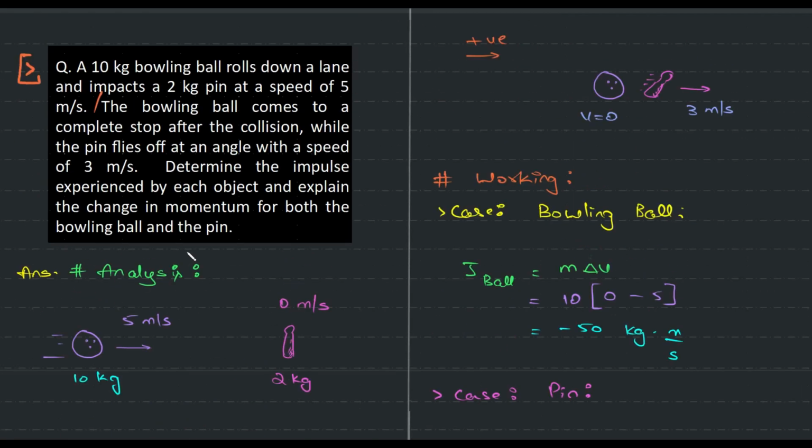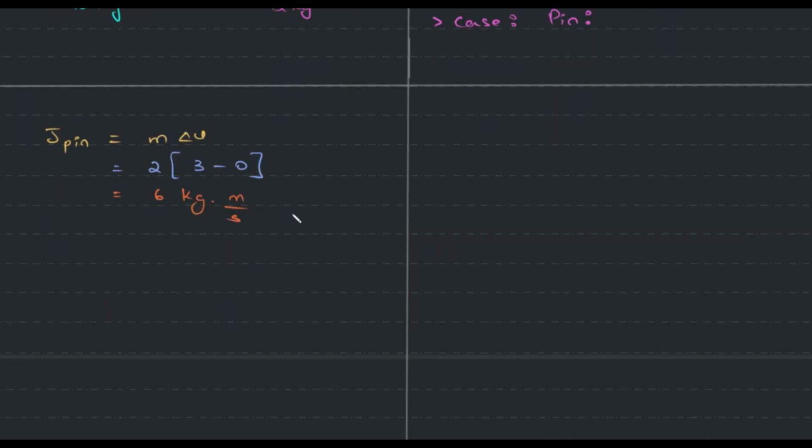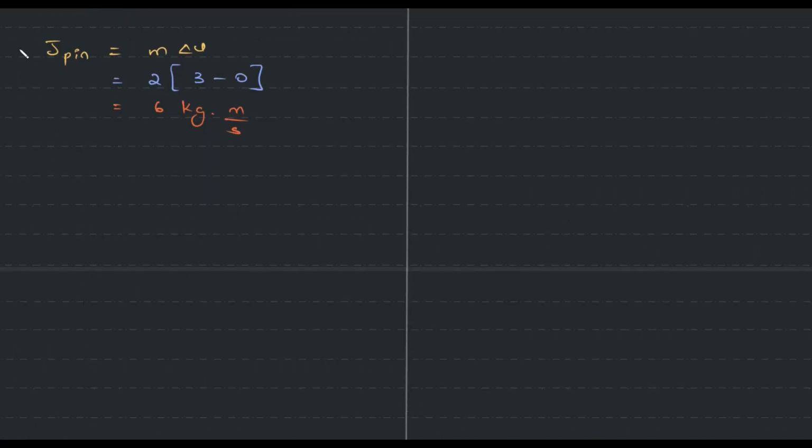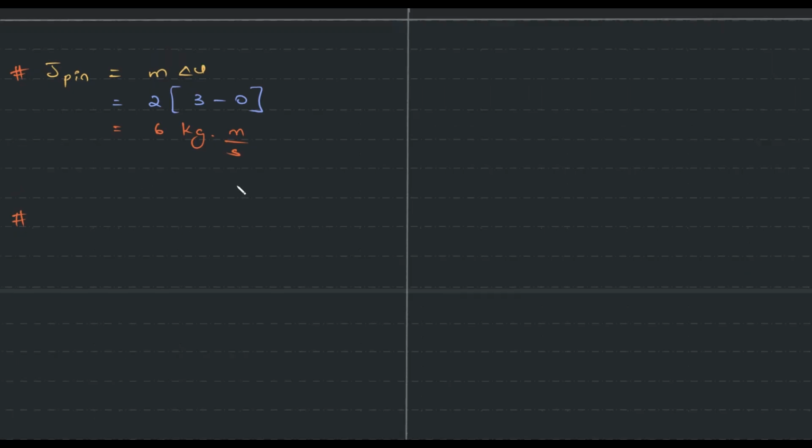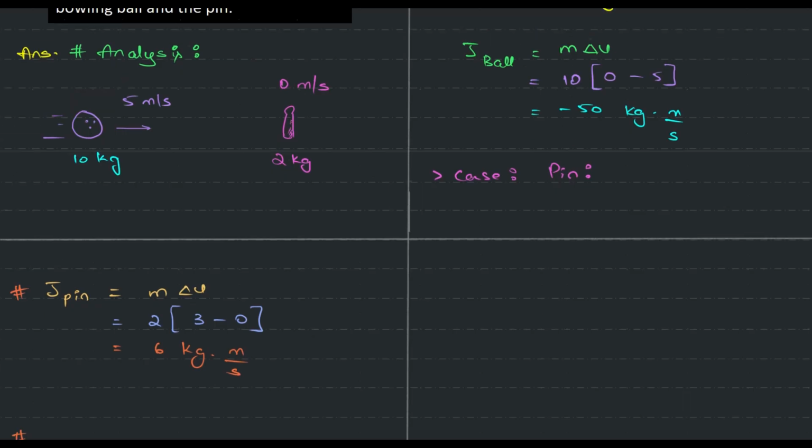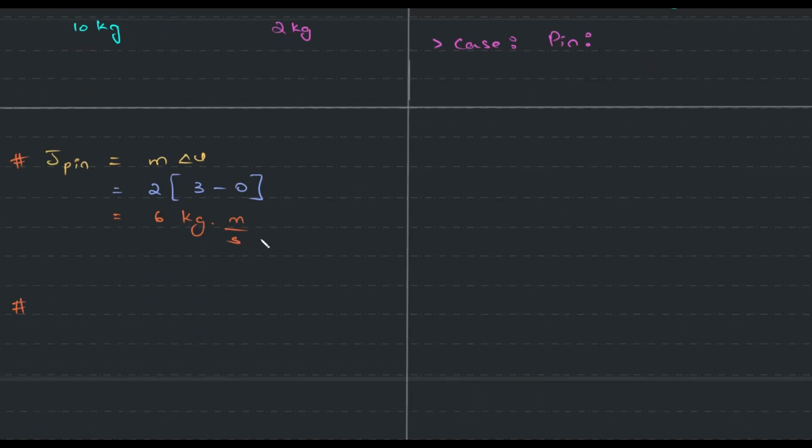So what else are we looking at? Determine the impulse experienced by each and explain the change in momentum for both the bowling ball and the pin. What else can we tell about all of this? The impulse is negative for the ball because the object came to a stop, and here it's positive because the object gained some velocity.